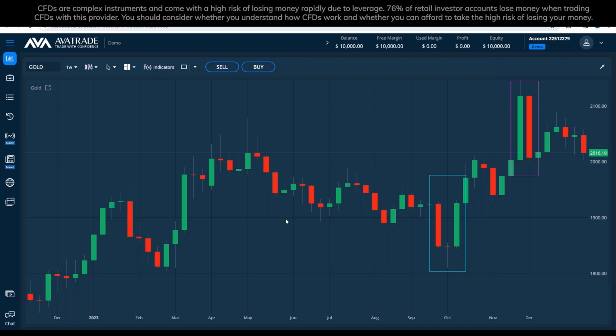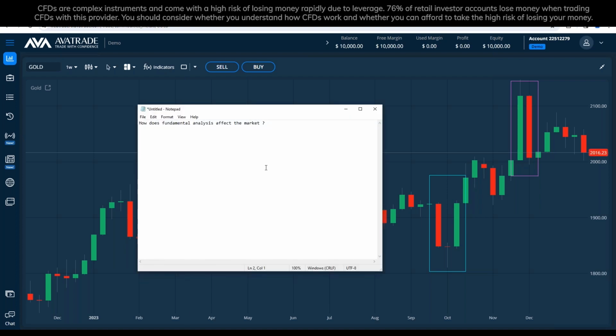Okay, but now you're going to ask me, Danny, how the hell gold, which is based on supply and demand, is affected by economic decisions? And I'm going to tell you back, there are certain things. Who knows what a safe haven is exactly? A safe haven, guys, is where there is uncertainty in the market.